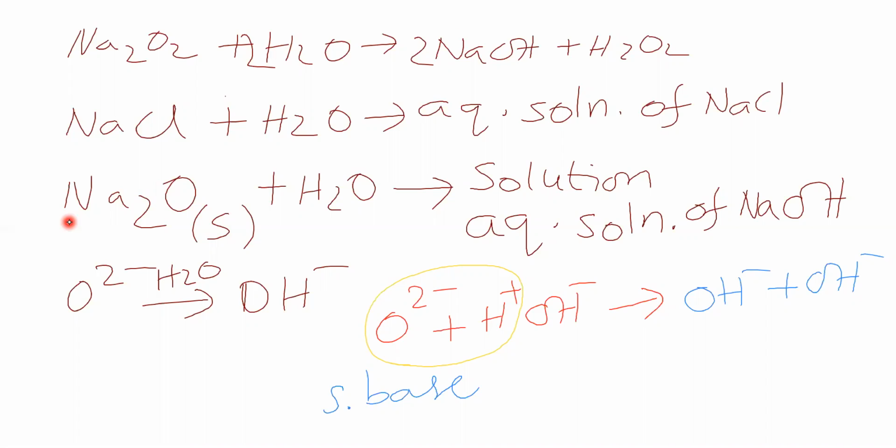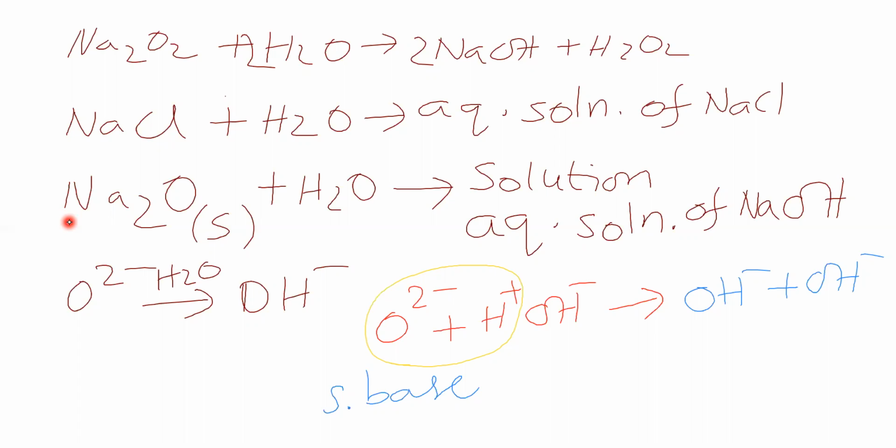Does this oxide go to complete hydrolysis or partial hydrolysis? The equilibrium lies almost to the right because this solution contains sodium hydroxide but not sodium oxide. This indicates this oxide undergoes complete hydrolysis.